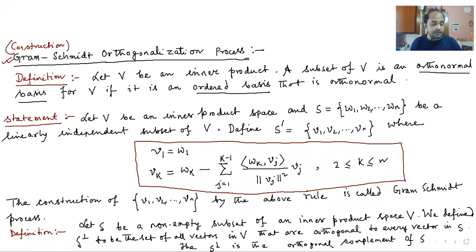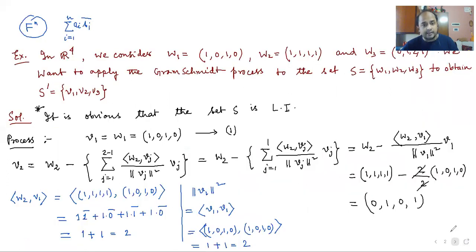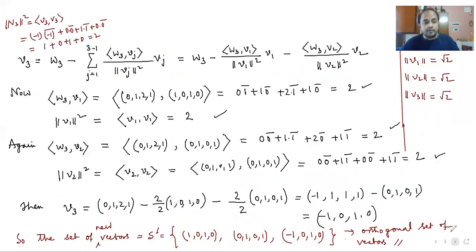And see the problem which I've shown you over here. This problem is where the inner product which was defined on Fn has been used. But there are some other examples of vector spaces where inner products are defined in a different way. So with respect to the vector space and the inner product defined on it, we shall have to calculate accordingly.